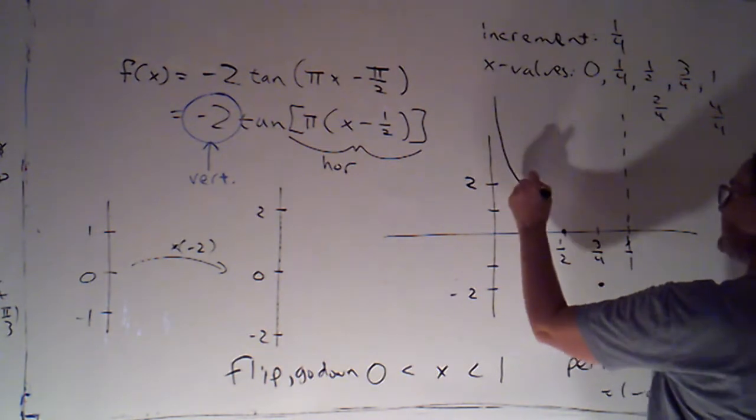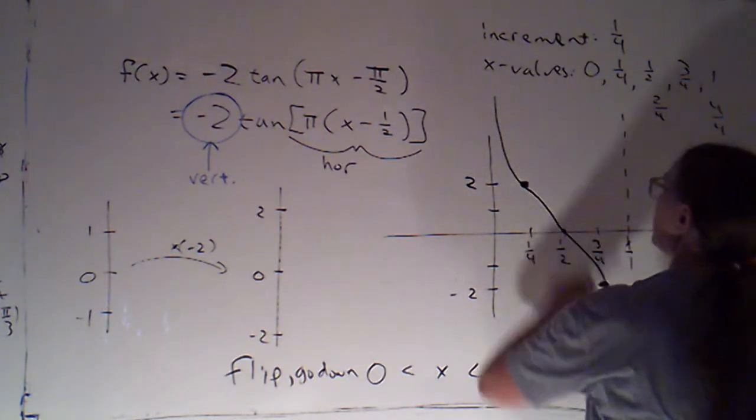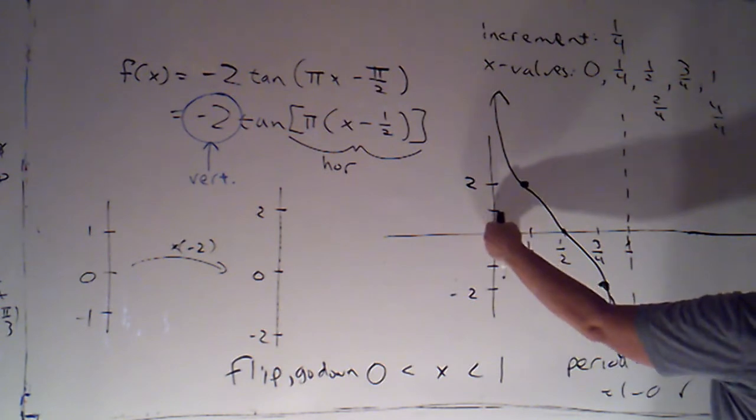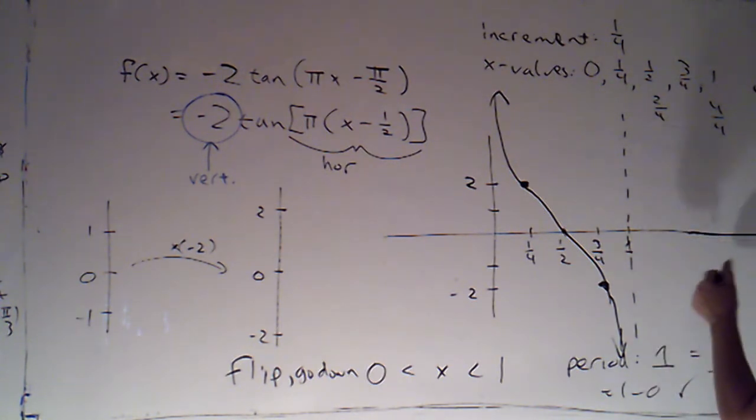And so my graph is going to look something like so, going down. Okay. And then we were asked to draw 2 periods. So we had 0, 1. My next asymptote will be at 2. And I could certainly, if I wanted to, easily fill in the points.